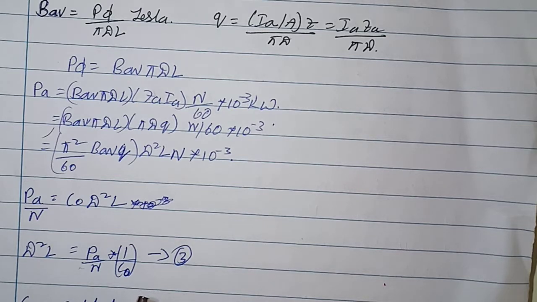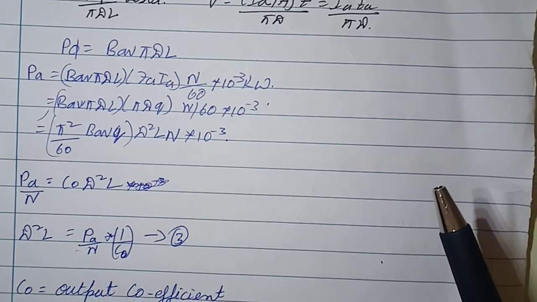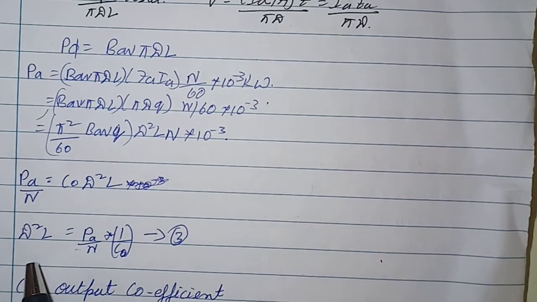This is equation number 3. So D square L is equal to PA by n into 1 by C naught, and this is the output equation.